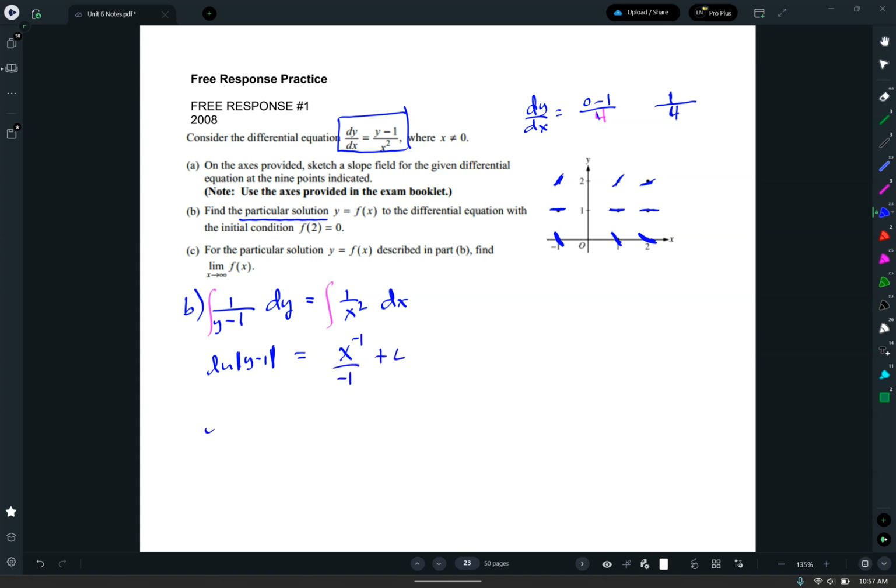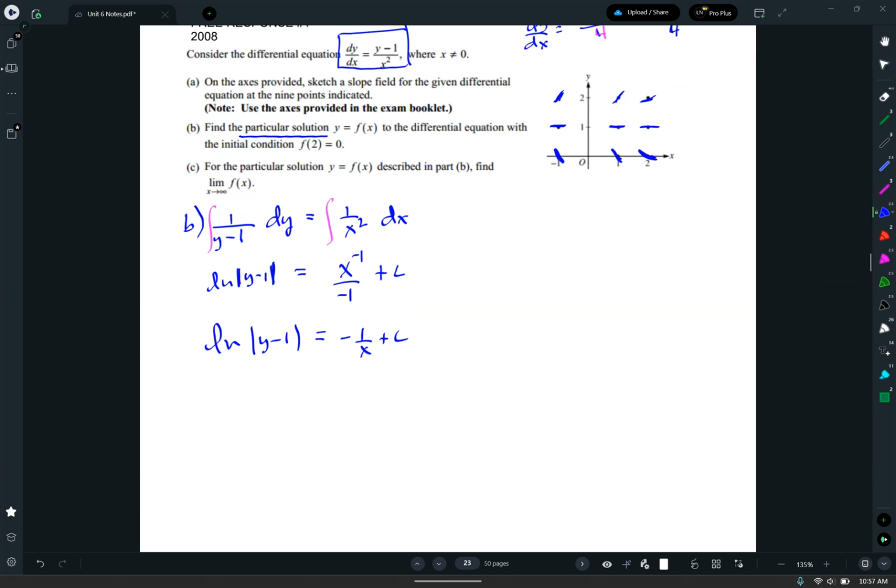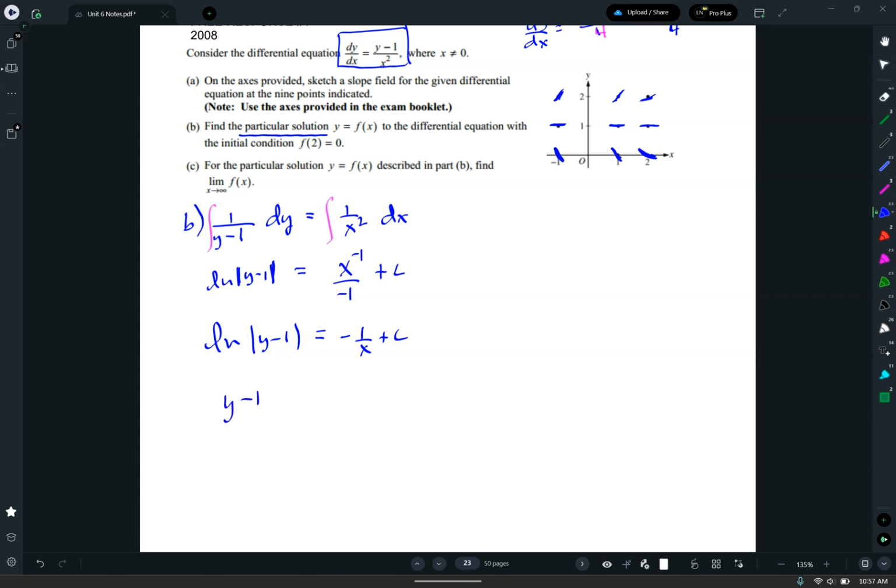So I have natural log of y minus 1 equals negative 1 over x plus c. If I want to get the y out of the log, I'm going to do the exponential. So it's going to become y minus 1 equals c e to the negative 1 over x. So y is c e to the negative 1 over x, and then there's a plus 1 out at the end.